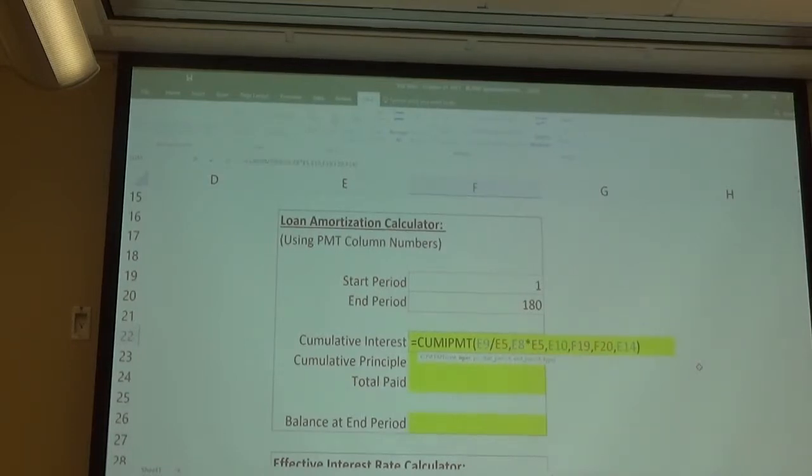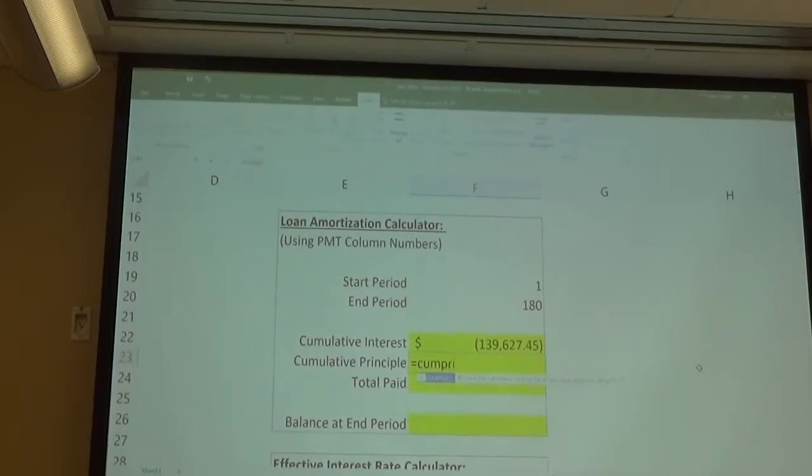So, just using pure logic, what's the function going to be for the cumulative principal? Cum prince, probably. P-R-I-N-C. Okay?